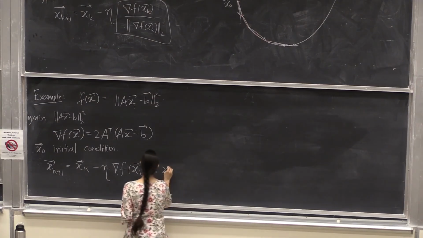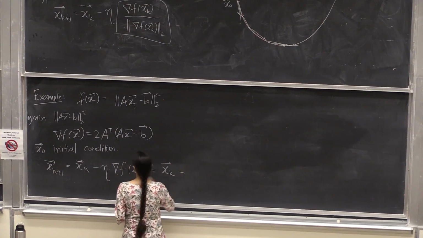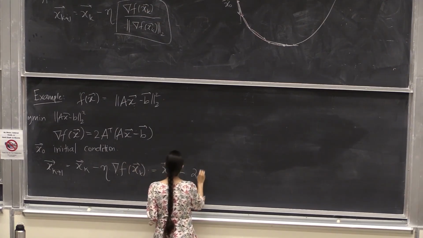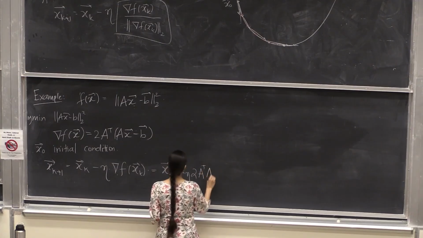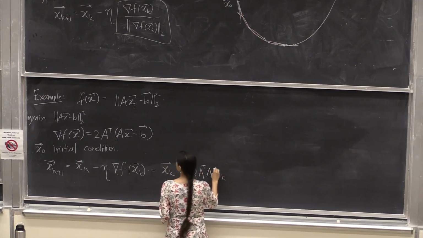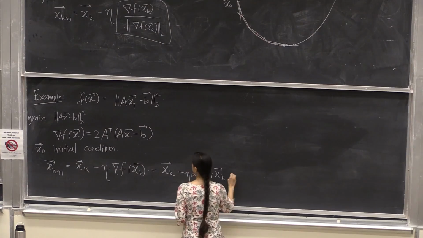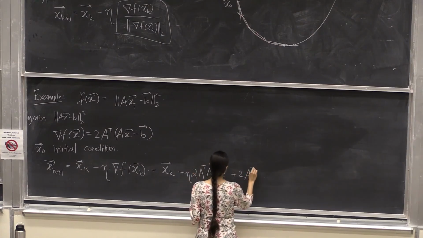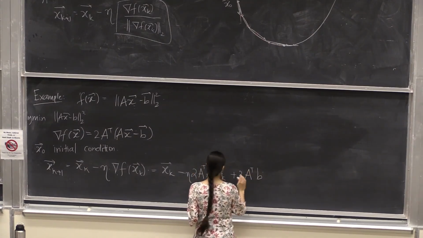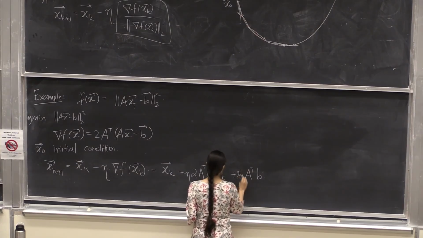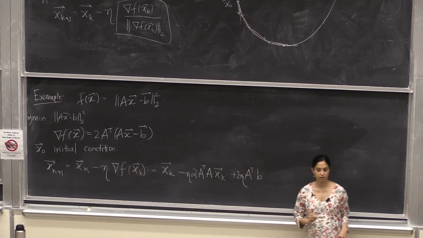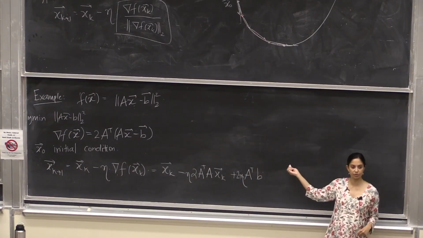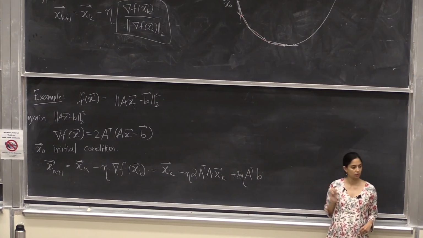Well, this is xk minus eta times 2 A transpose A xk plus 2 A transpose B. Right, I just plugged the gradient into this equation. Everyone see what I did?